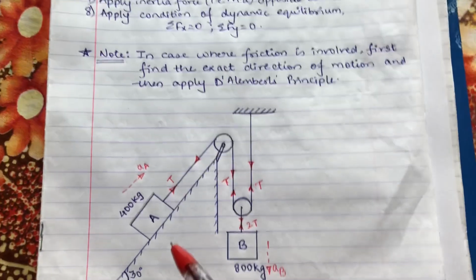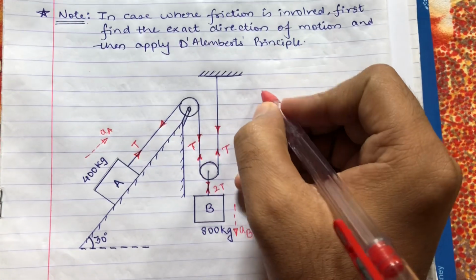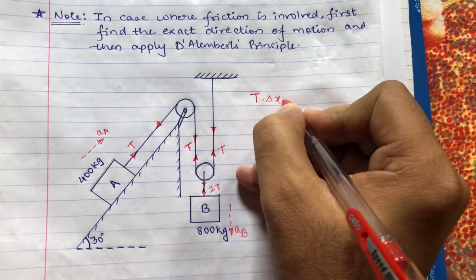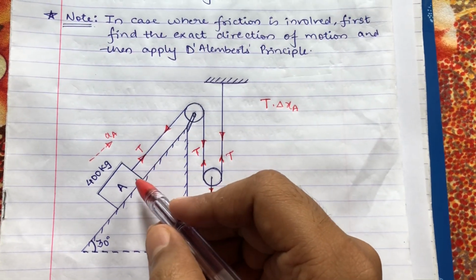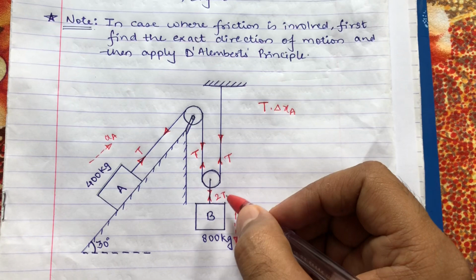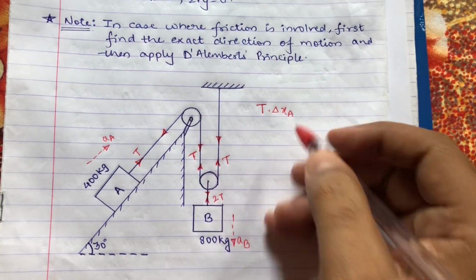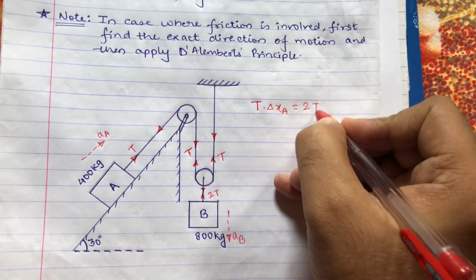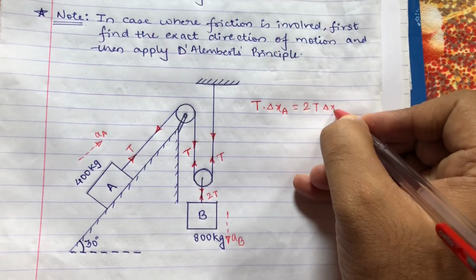Now in this case, if I talk about the principle of virtual work, I can give it as T into delta XA. This is moving for a small displacement delta XA, whereas this is moving just because this is moving down. So these two are opposite. So here we can consider 2 times T into delta XB.